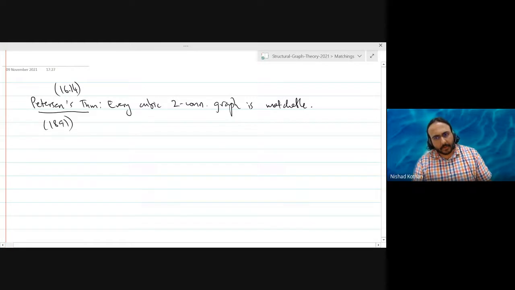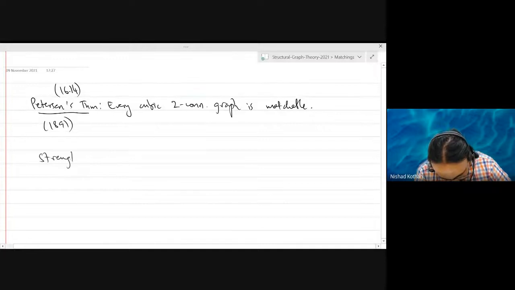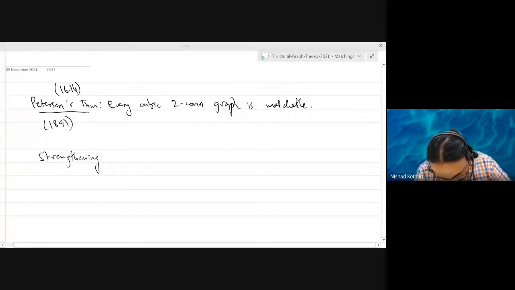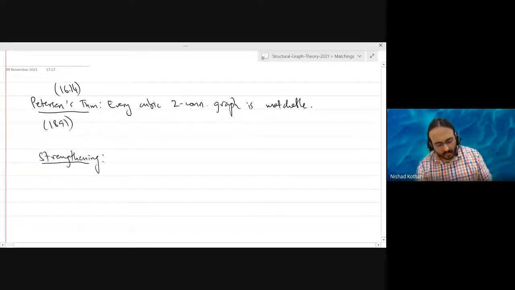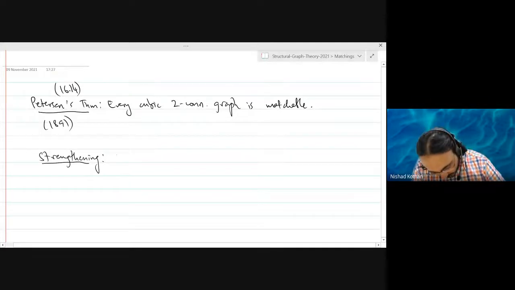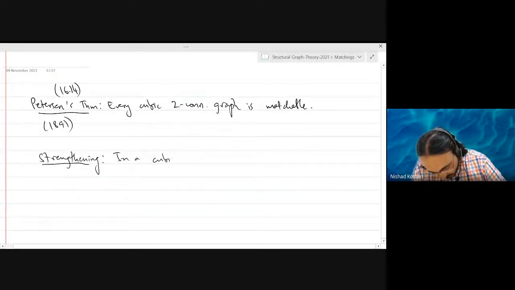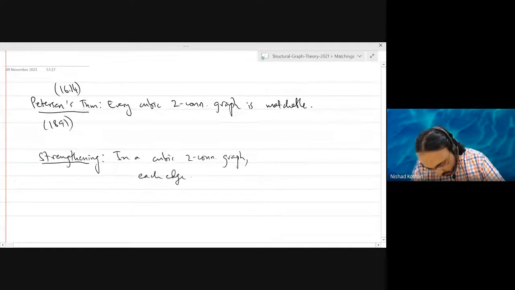And then I think I told you a strengthening of this, which is that for every single edge, you can find a perfect matching containing that edge. So there is a strengthening: in a cubic two connected graph, each edge belongs to some perfect matching.